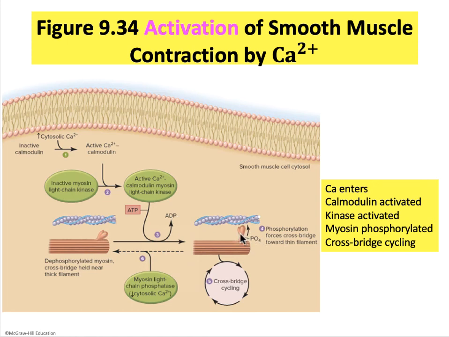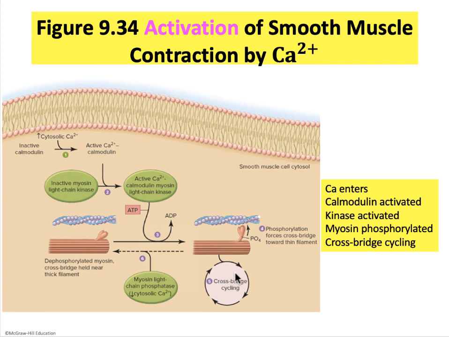And the phosphorylated light chains have a knock-on effect in that they cause the globular domains of the myosin thick filaments to be extended out towards the actin binding sites on the actin filaments. This will continue cycling as long as the cytosolic levels of calcium are high and calmodulin is activating the kinase.